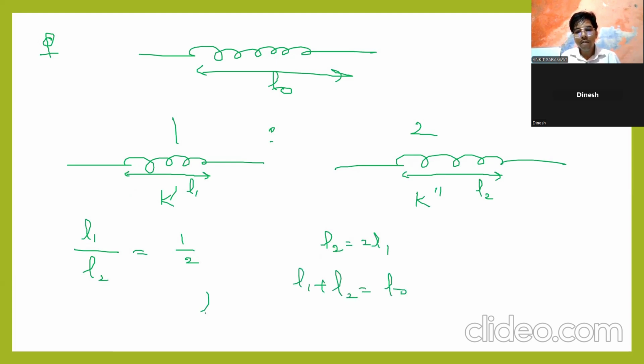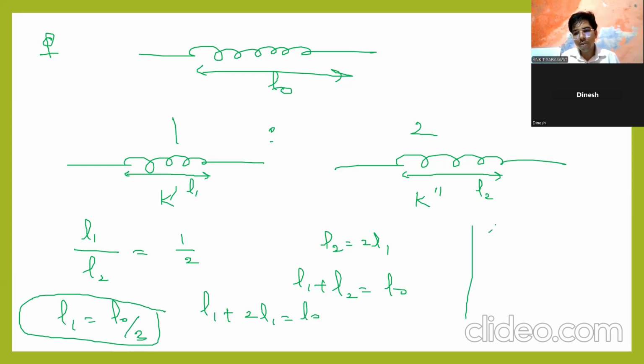So L1 plus L2 is 3L1, so L1 becomes L0 by 3. If L1 is L0 by 3, then L2 is 2L1, which means 2L0 by 3. So here L1 is L0 by 3 and L2 is 2L0 by 3.